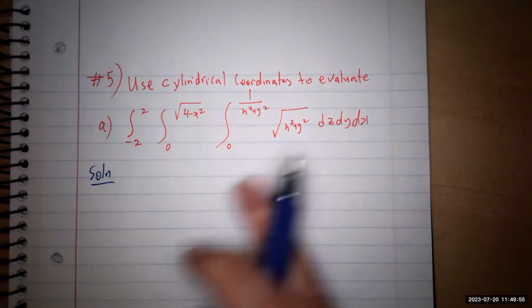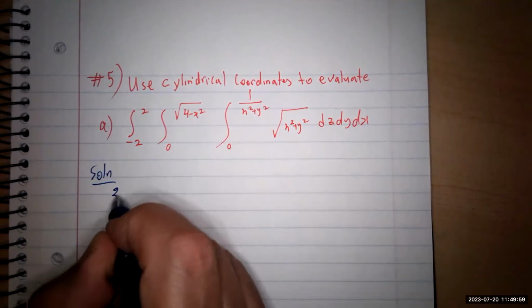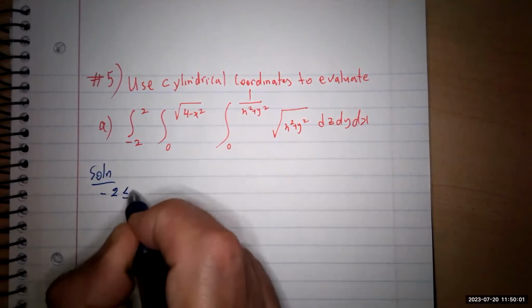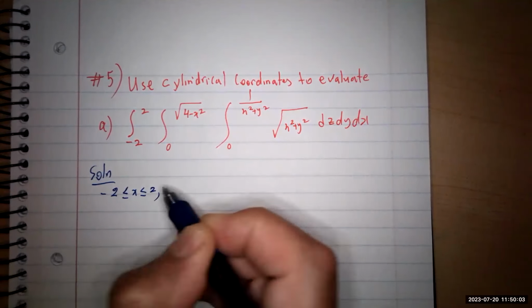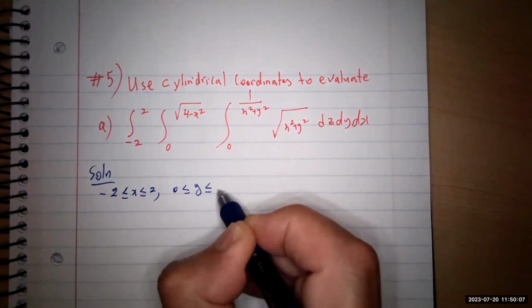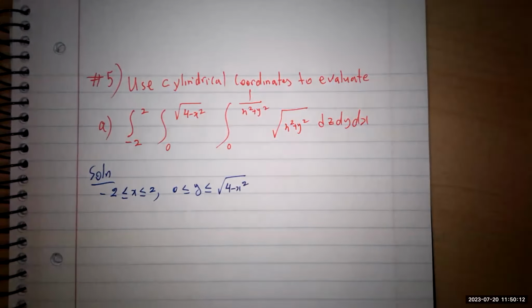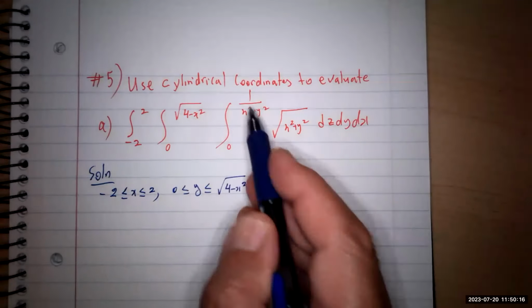So get this information that you have. Your x is between -2 and 2, and your y is between 0 and square root of 4 minus x squared, and the z is between these numbers.